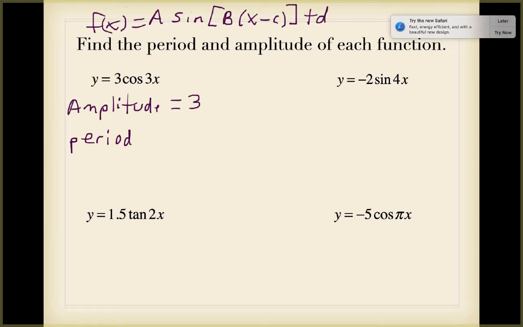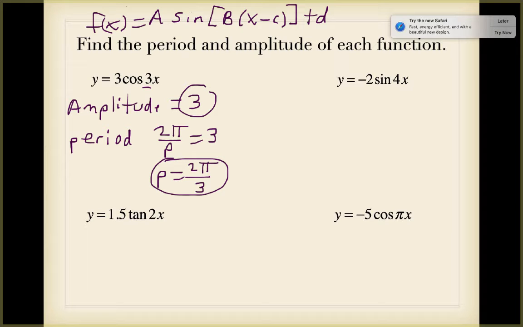We have in this one a 3. So we have 2 pi over some p equals 3. So our period is going to be 2 pi over 3. So that is my amplitude, and that is my period.